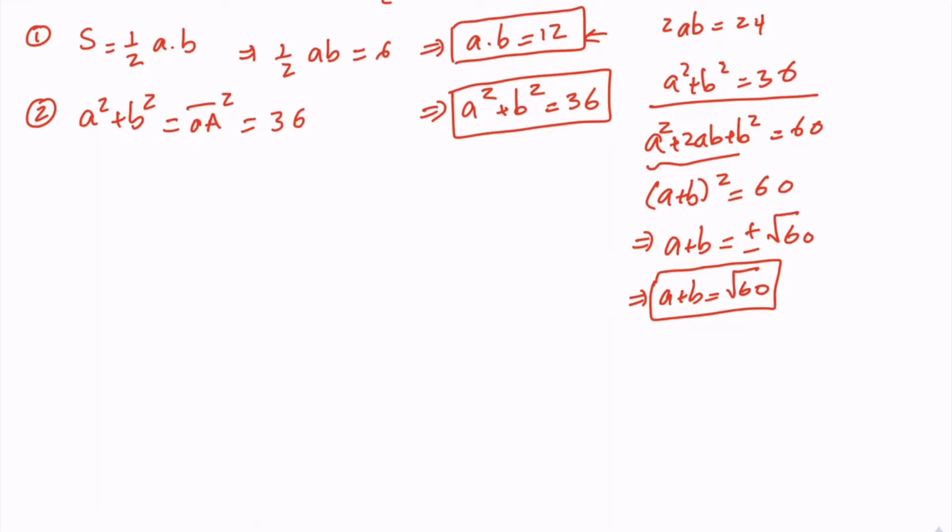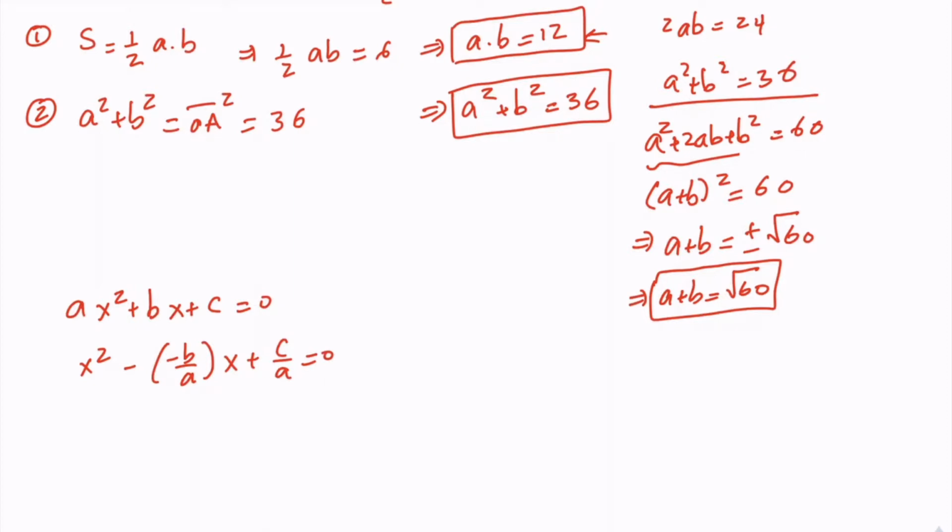And we know that if we have the second order equation ax squared plus bx plus c equals 0, and if we divide both sides by a, we will have x squared minus b over a x plus c over a equals 0.